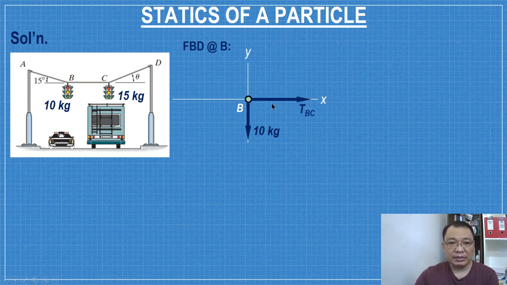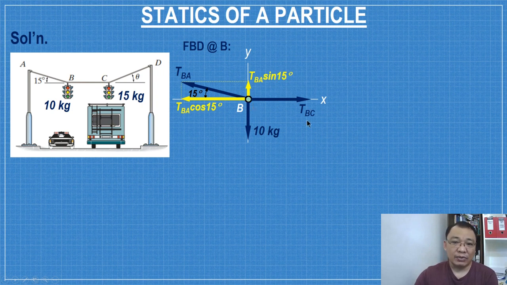Tension BC, horizontal. And then tension BA or AB, 15 degrees. Since we have an inclined force, let's resolve this force into components. This one, TBA cosine 15, TBA sine 15.